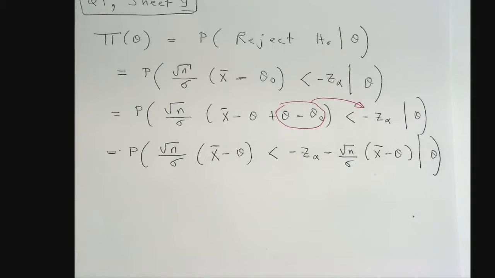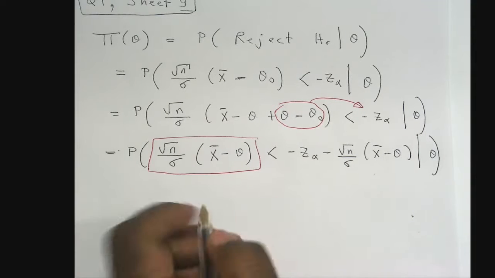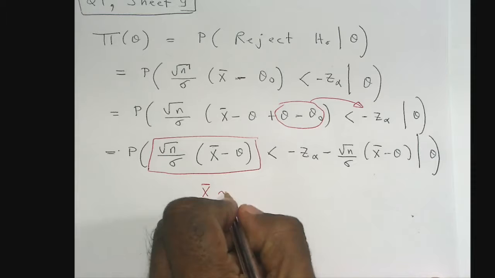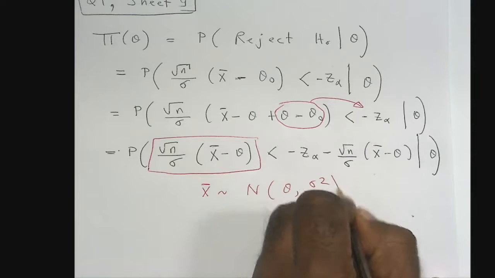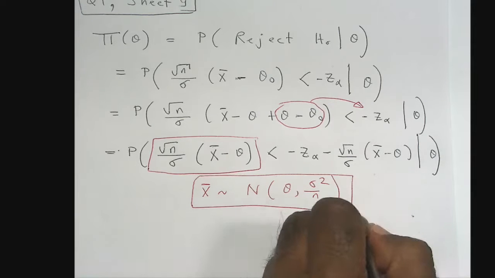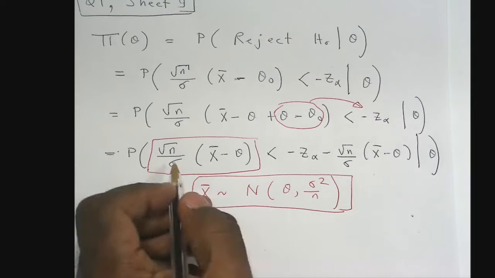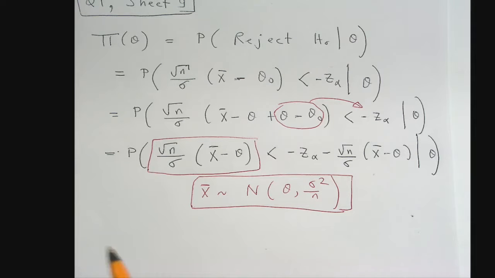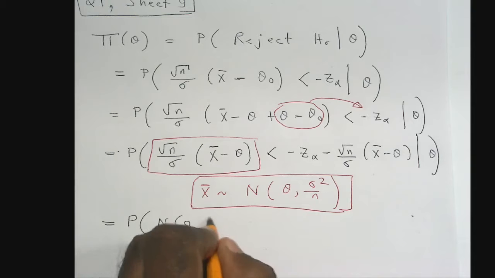Now if you look at this, guys, you should know from week 1. You should go back to week 1 or week 2. The stuff we did in week 1 or 2. You will see that this is one of the results that we talked about. So therefore, this guy here must have the standard normal distribution, right?